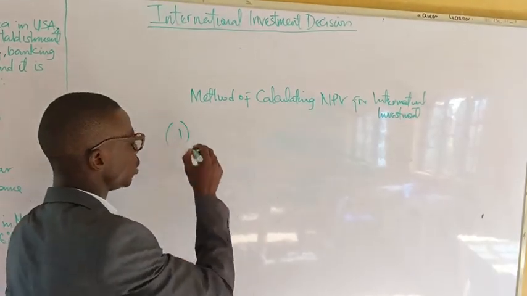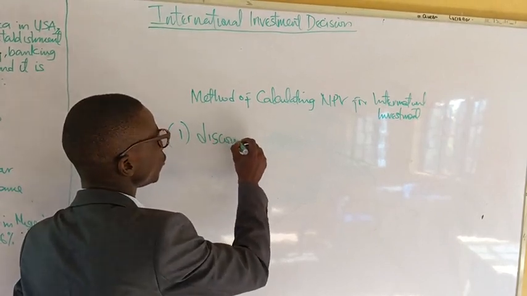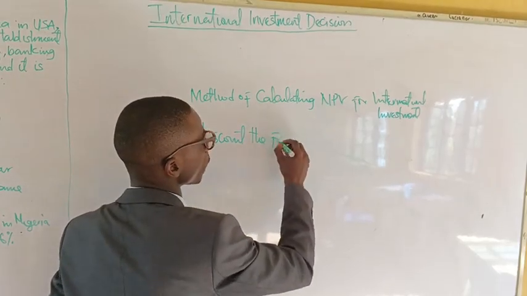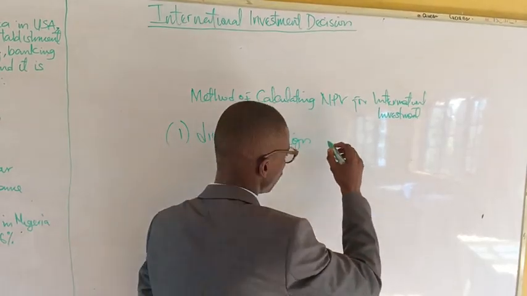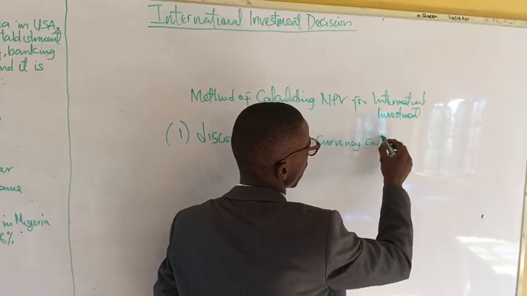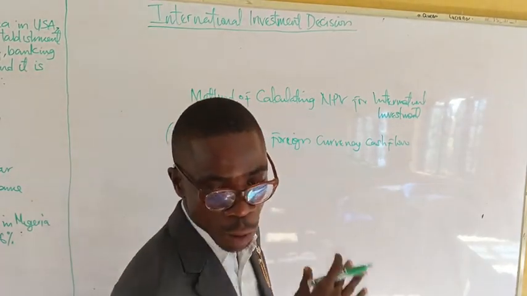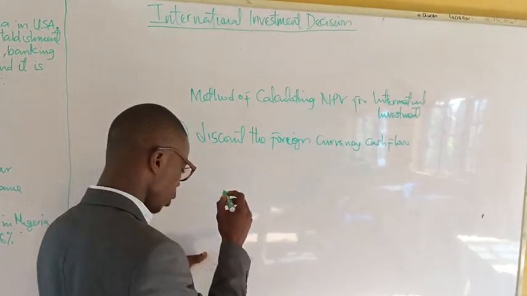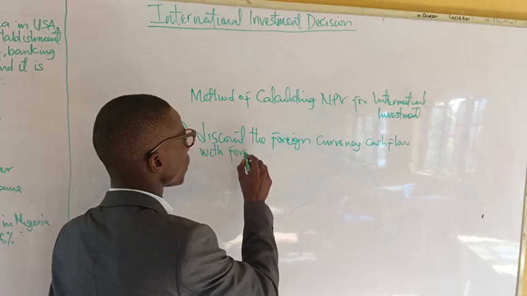Number one method is what we call: you discount the foreign currency cash flow. You may not understand it now, but when we are solving the calculation, we look at the two methods. Are we together?